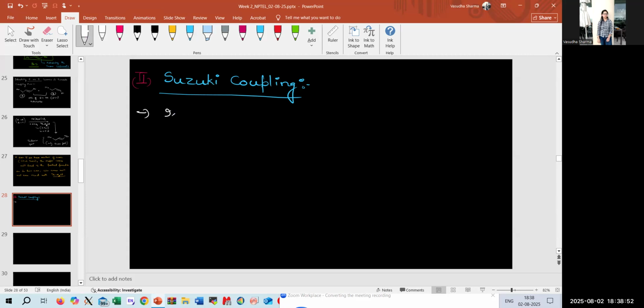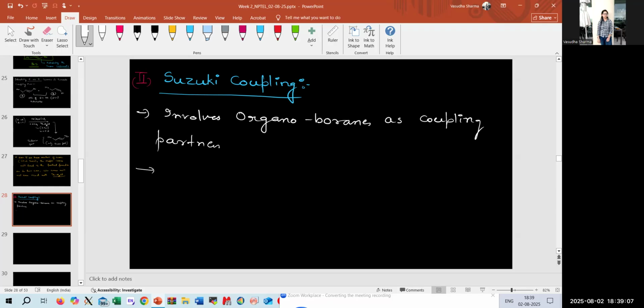This involves organoboranes as coupling partners. Here, palladium or nickel act as catalyst with some additive, generally the bases.